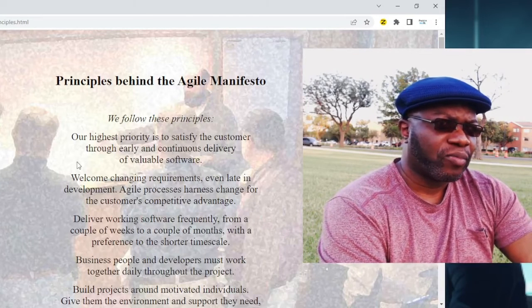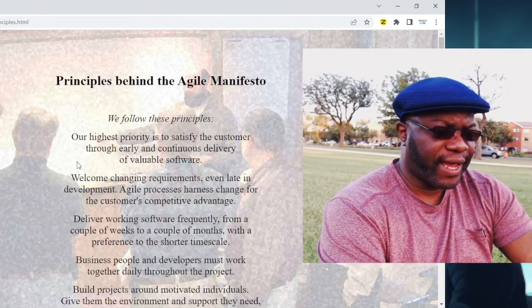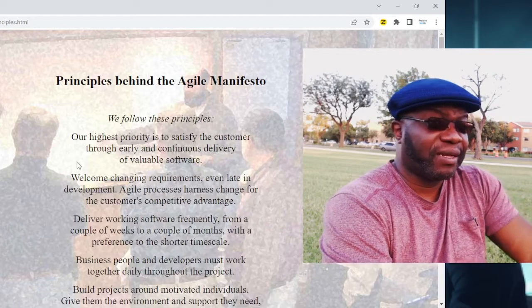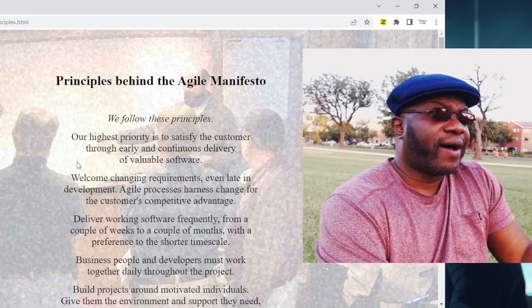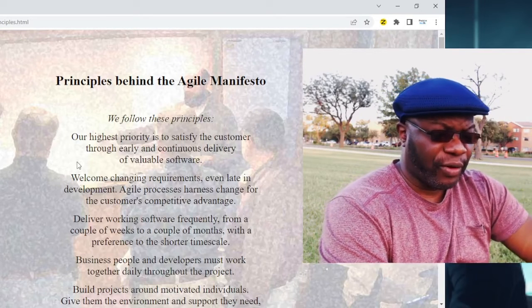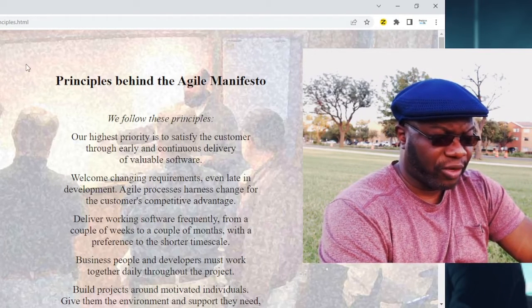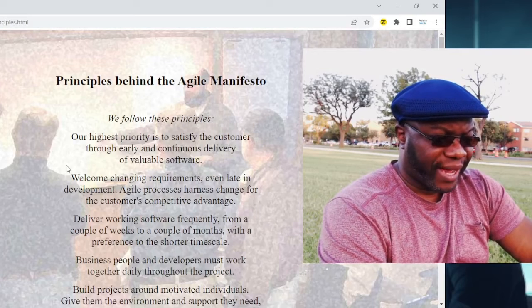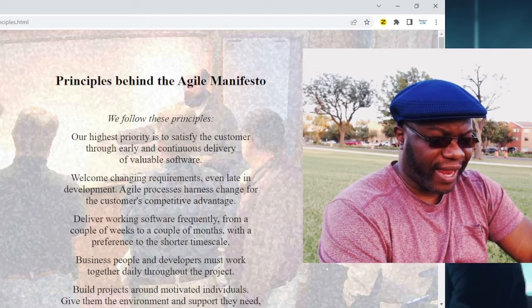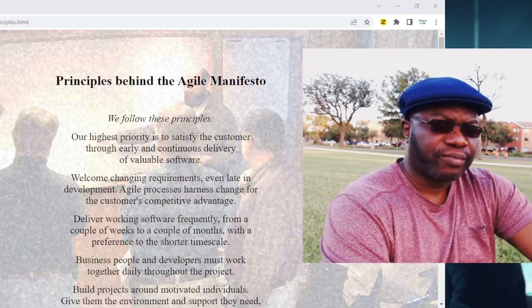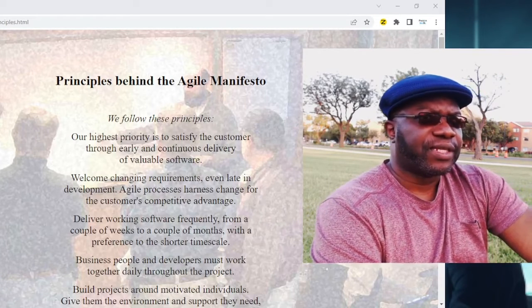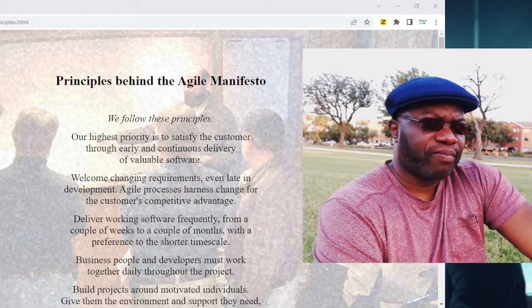Okay? So when we say our highest priority, we mean it. That's why it's principle number one. If you are doggedly focused on satisfying your customer by delivering products and value and benefits early, you're in the right direction. This is where Agile differs from predictive a little bit.